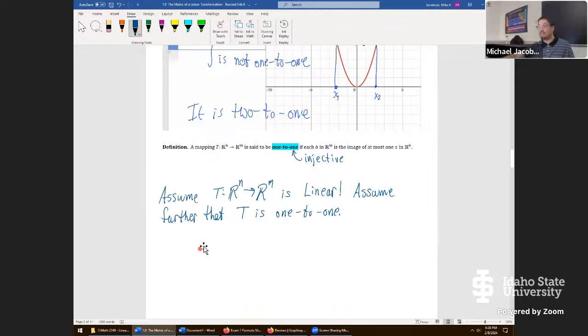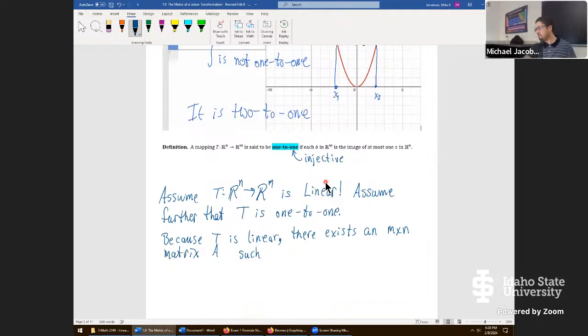Well, I wrote this in kind of a weird way. There's not much I can do with this. We need to go back to where we said T is linear. So let me put a statement that says, because T is linear, there exists an M by N matrix A such that T of X equals AX for all X in the domain space.